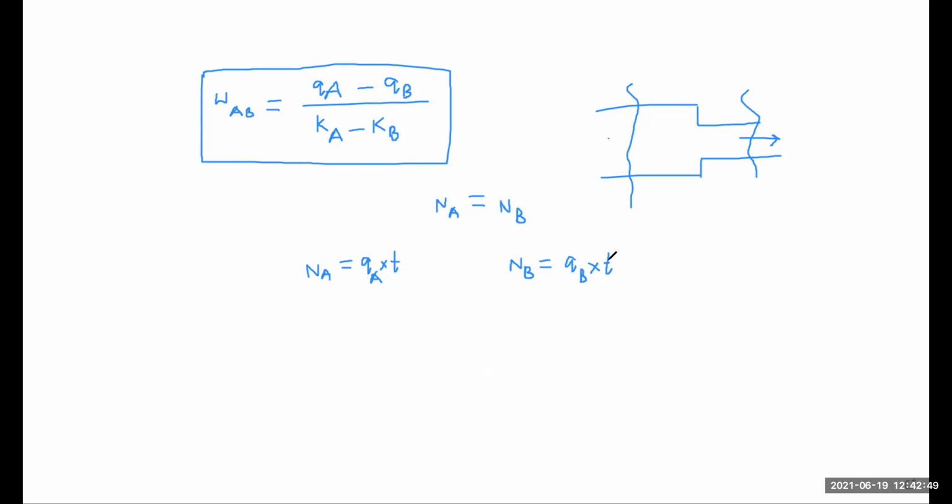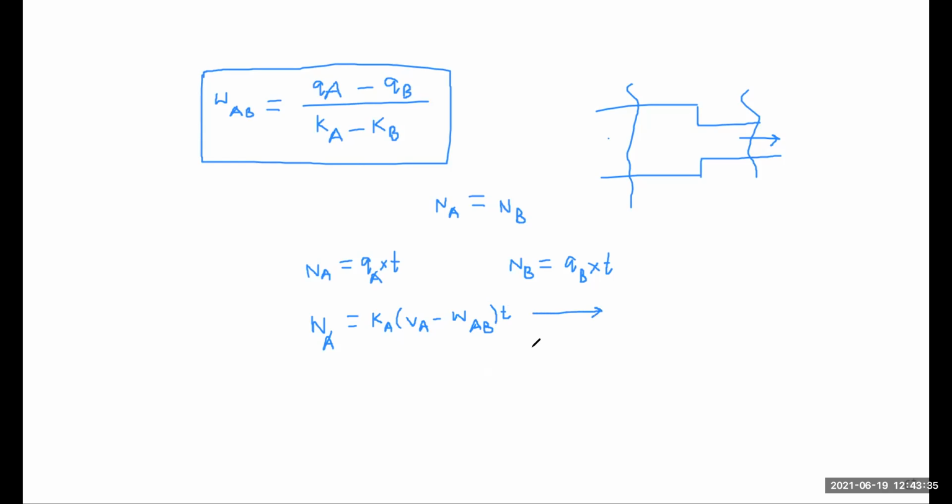Here we get Na is equal to Ka into Va minus WAB into T. In the same manner we write the value of Nb.